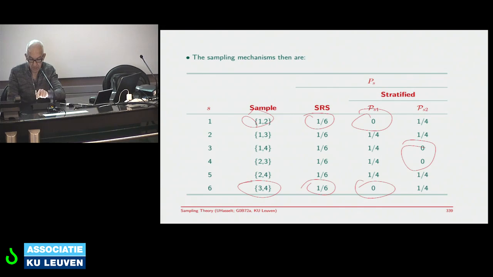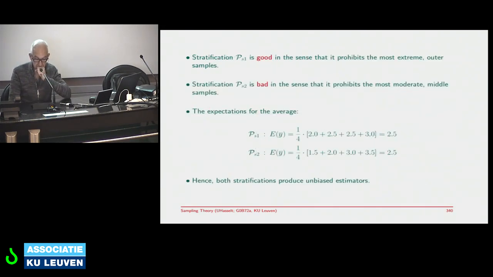And that's not necessarily a very good thing. Okay. Stratification 2, PS2, is stated to be outright bad because the effect is that the most extreme samples are nicely possible, and the more moderate balanced samples, where something large compensates something small, are taken out of the equation. So that's not really very good.